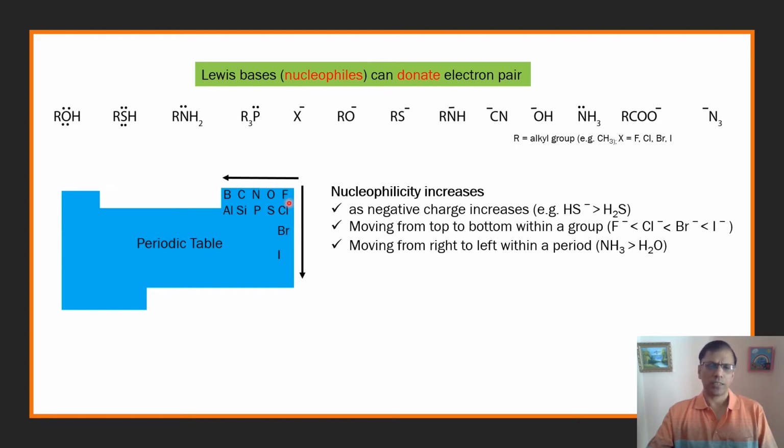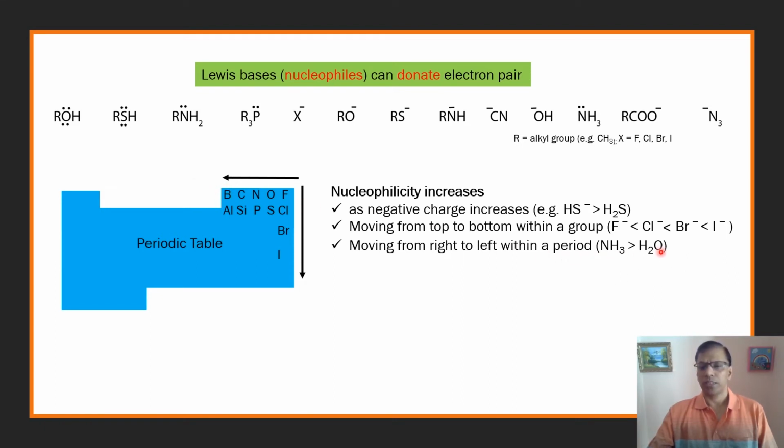The reason is the atom size increases, so the electrons are far away from the nucleus, and hence iodide will be more nucleophilic than fluoride. But the nucleophilicity will increase if you move from right to left within a period.